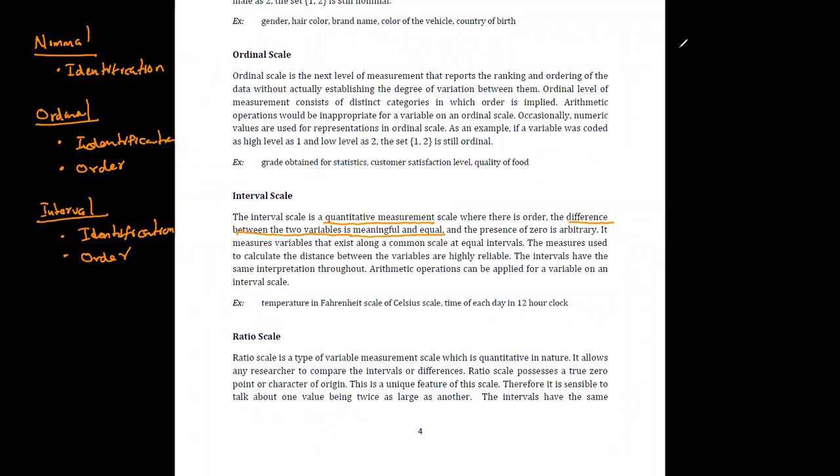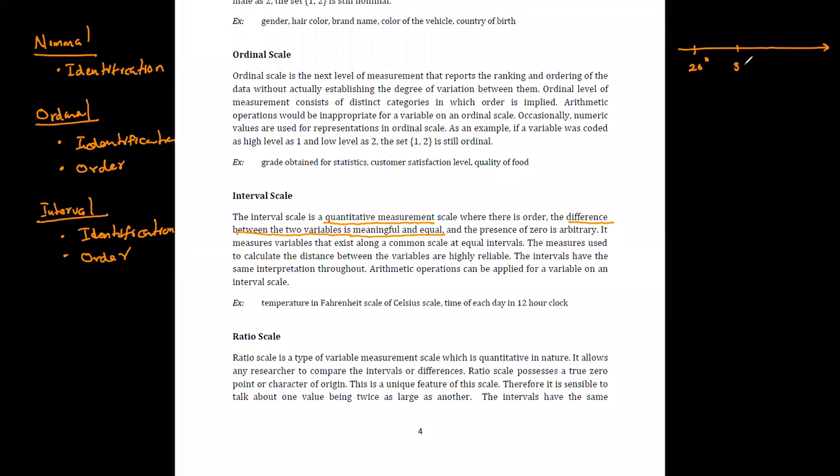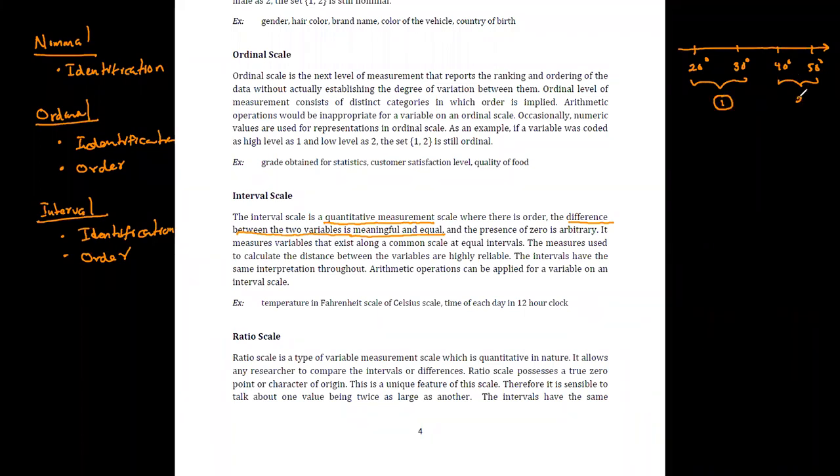Think about the example of measuring temperature. Say here it is 20 degrees, then 30 degrees, and then 40 degrees and 50 degrees. If you consider the interval from 20 to 30 degrees as the first region and the interval from 40 to 50 degrees as the second region, both of these regions have the same meaning.